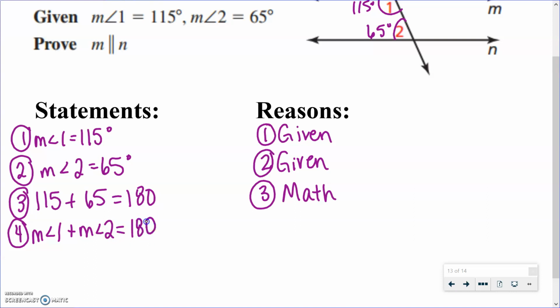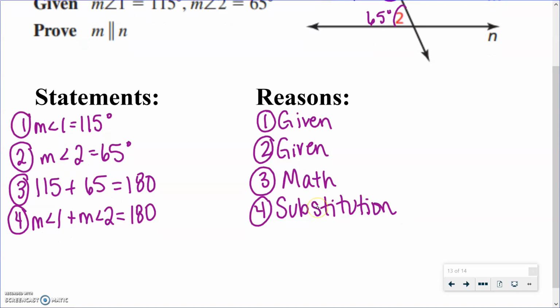And so I've used substitution to get our new equation there: the measure of angle 1 plus the measure of angle 2 equals 180. And then I can say, I know when two things add up to 180 degrees, they're supplementary angles. That's the definition of supplementary.